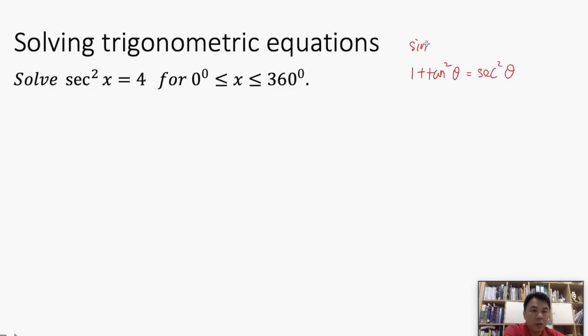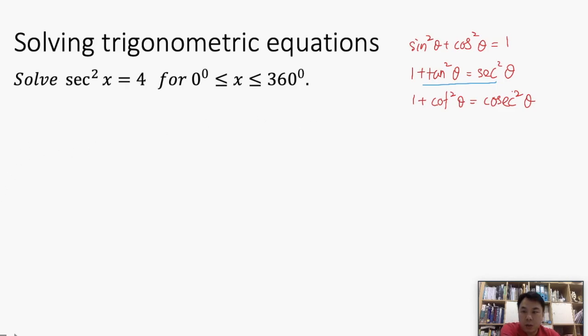We also have, I'll just rewrite this one more time, 1 plus cotangent squared is equal to cosecant squared. But in this case, I will be using this trigonometric identity to solve this instead of using the reciprocal.